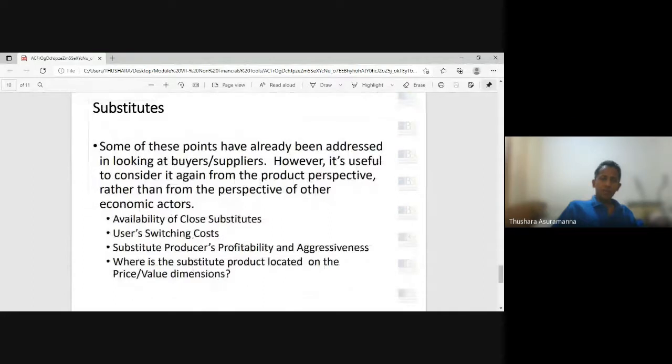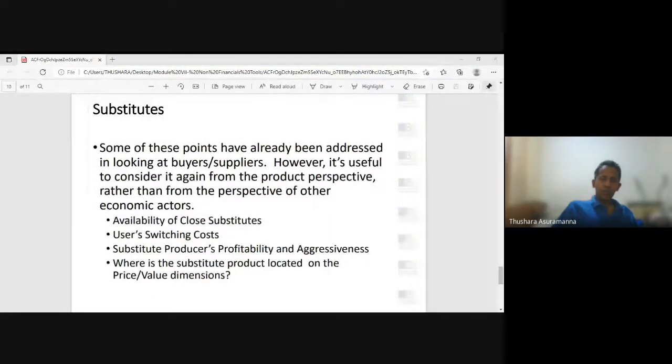The last one, availability of substitutes in the market. Availability of close substitutes, user switching cost, substitutes' profitability and aggressiveness in the market.